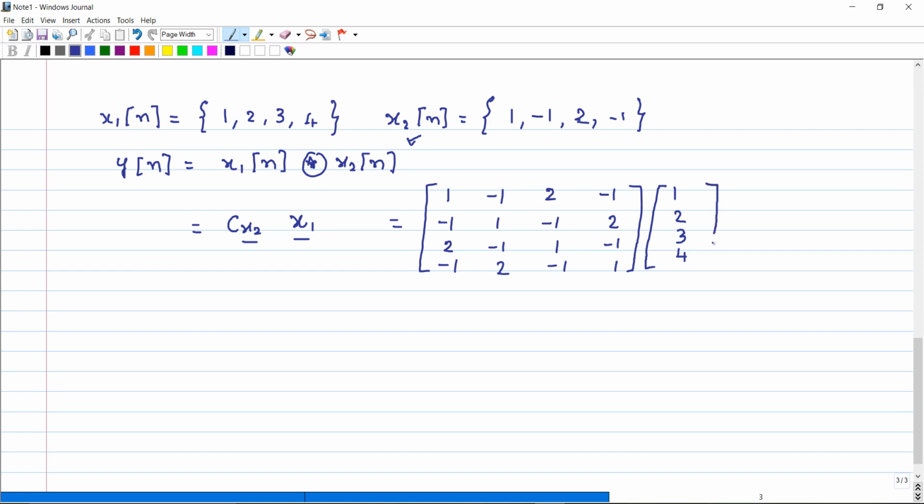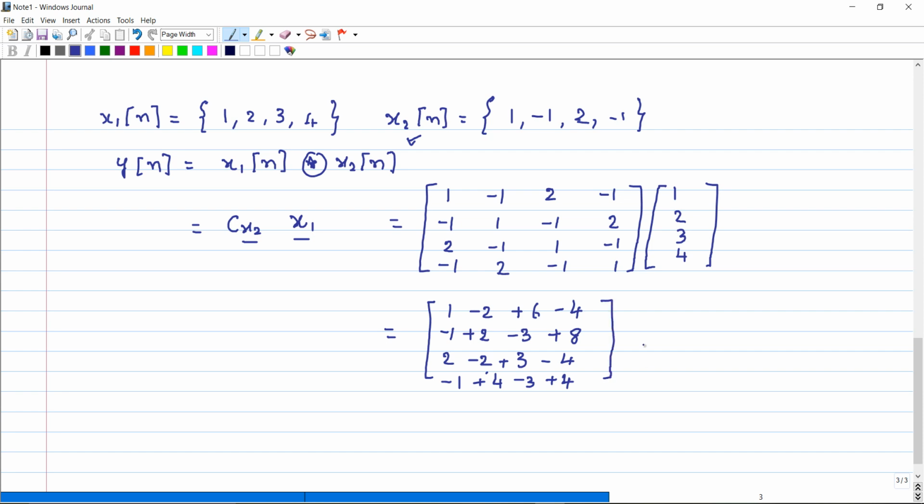So if you just do the multiplication, you will get 1 minus 2 plus 6 minus 4 as the first element, and -1 plus 2 minus 3 plus 8 as the second element, 2 minus 2 plus 3 minus 4 as the third element, and -1 plus 4 minus 3 plus 4 as the fourth element.